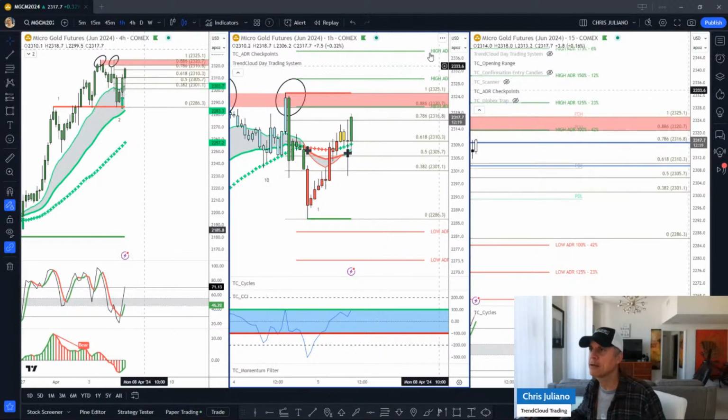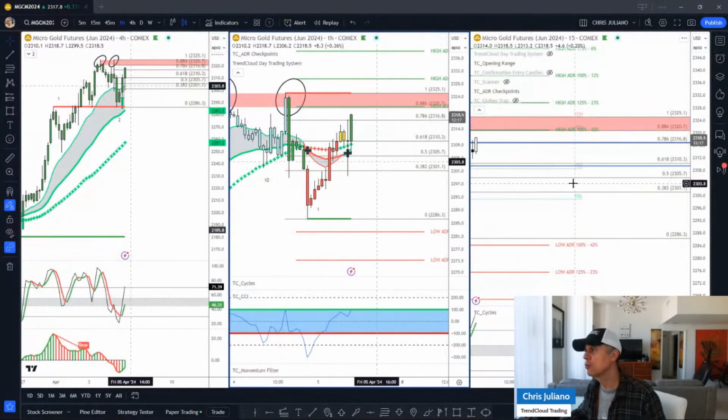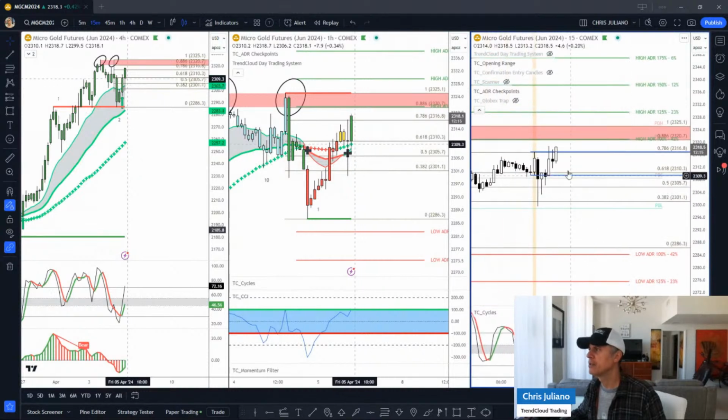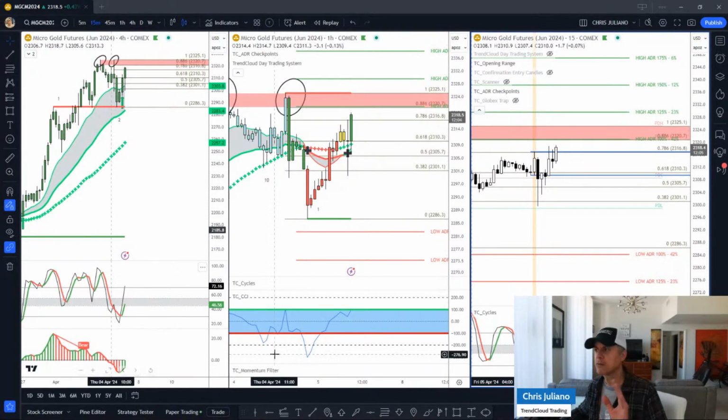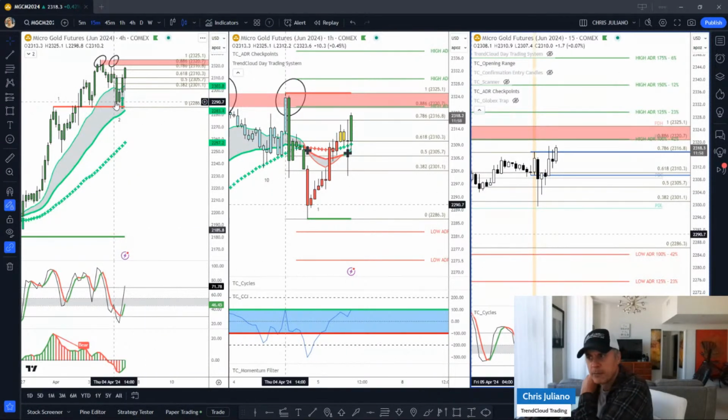We're waiting on this micro gold to make a decision about this level of imbalance here. TrendCloud is telling us every step of the way what's going on. It's saying, hey, listen, Mr. Trader, you've got a 4-hour uptrend, as you can see.